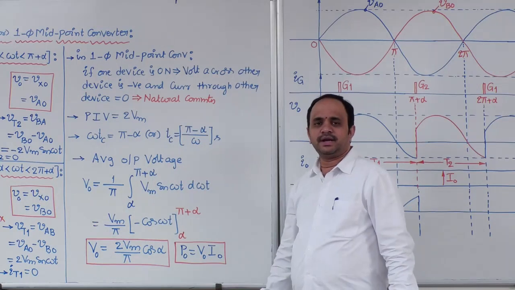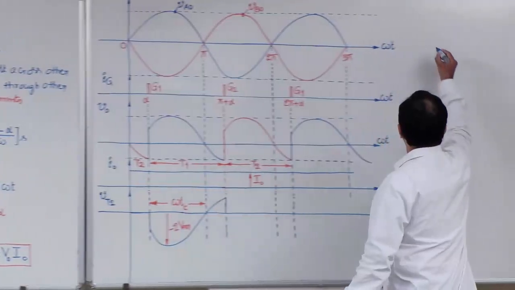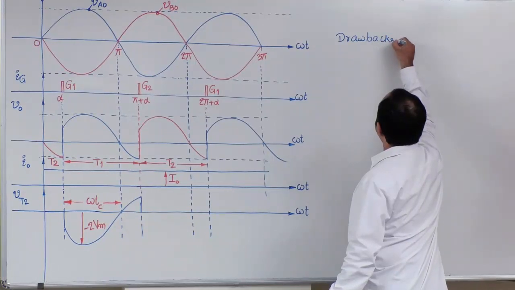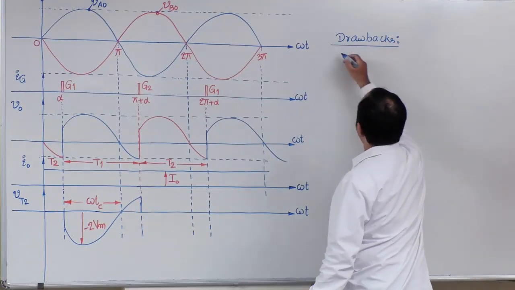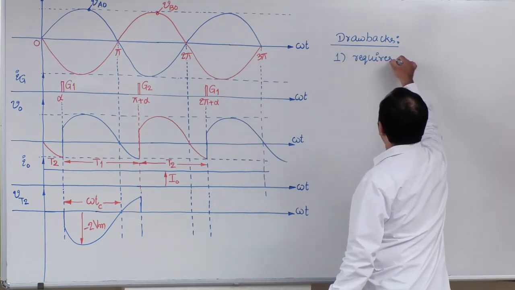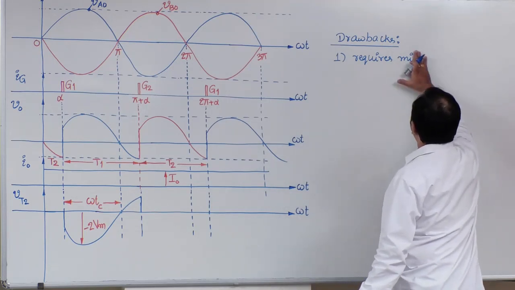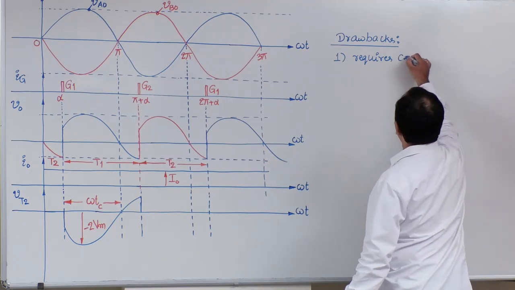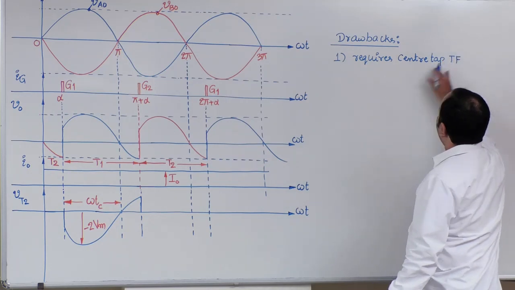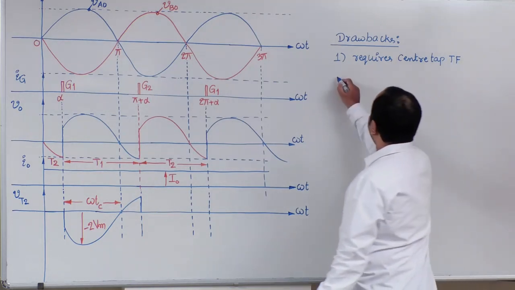In this circuit there are a few drawbacks. Let us list them here. The first drawback is it requires a midpoint, that means a center tap transformer. What the drawback with the center tap transformer is, you will understand going forward.